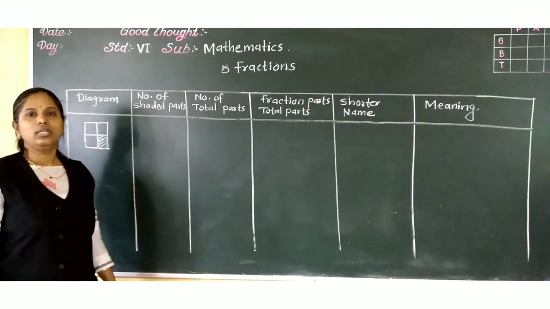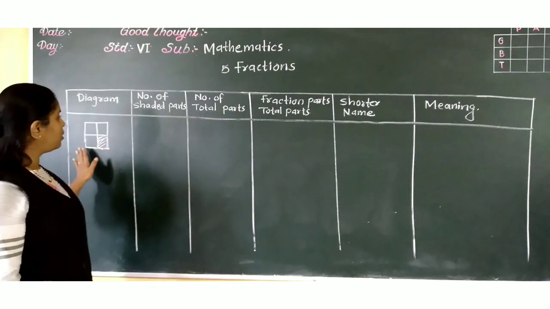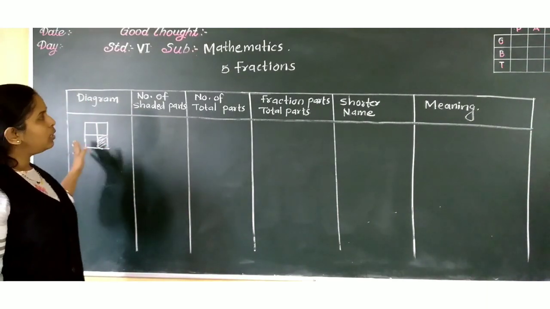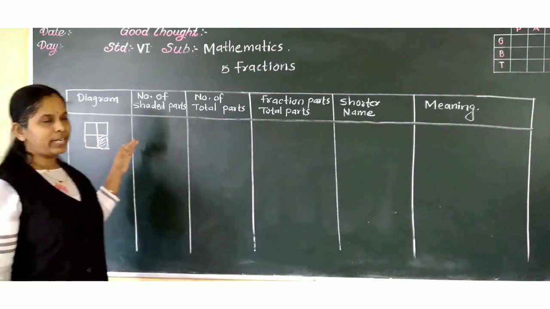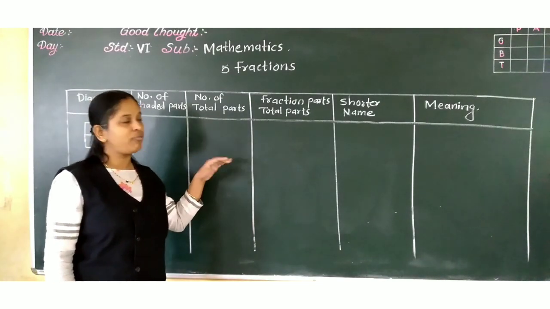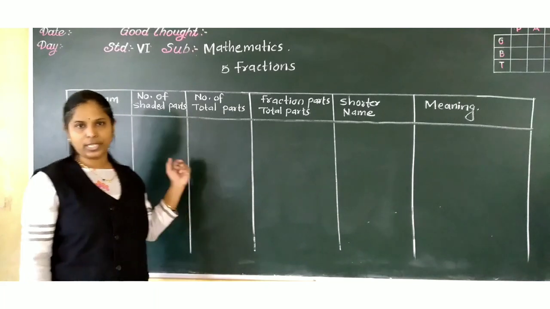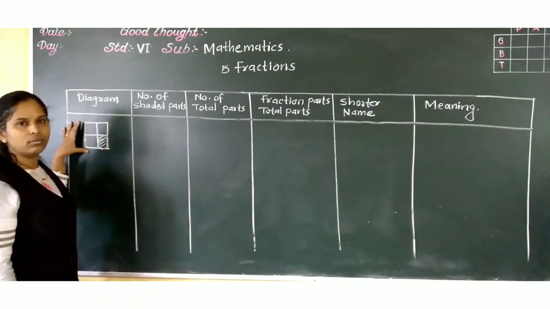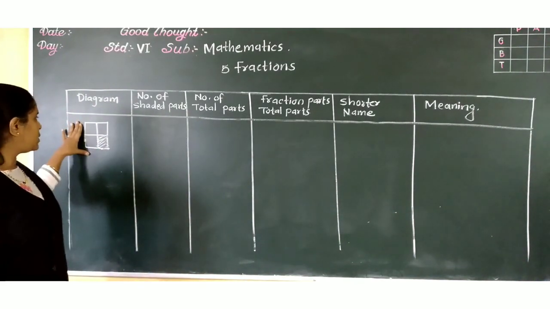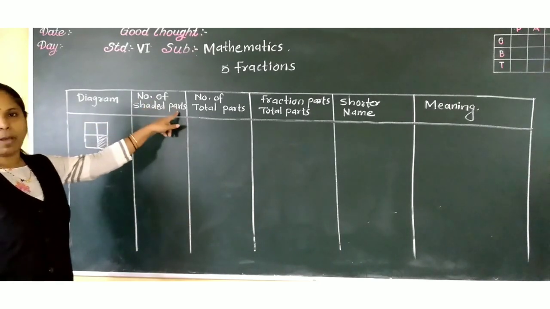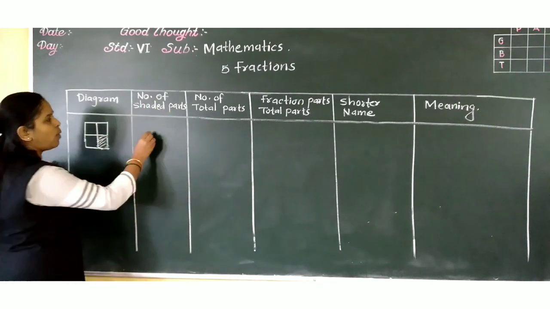Now from this chart we will come to know how to write the fraction, what is the meaning of it, how to name the fraction and all. First, look at this diagram. How many parts are shaded? 1.